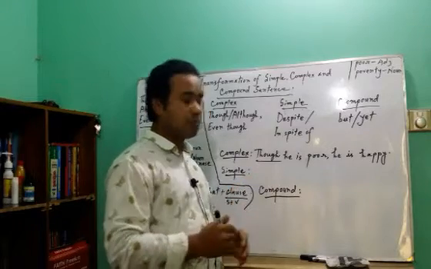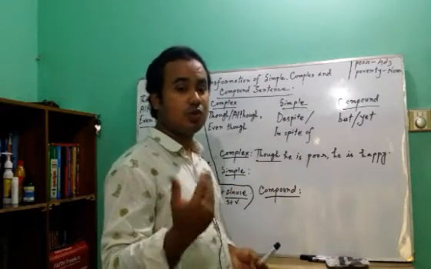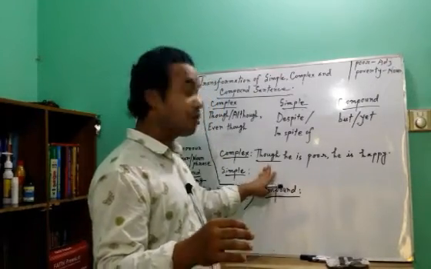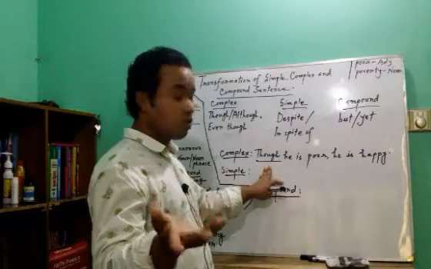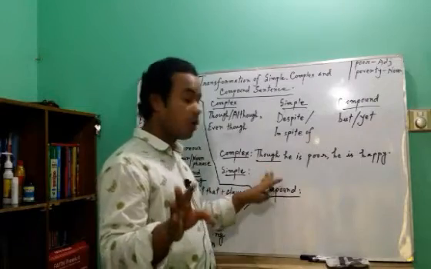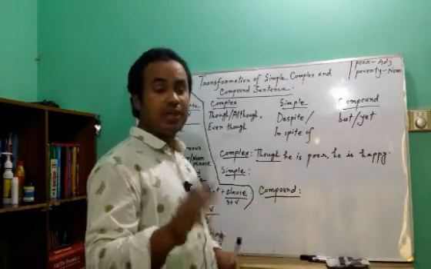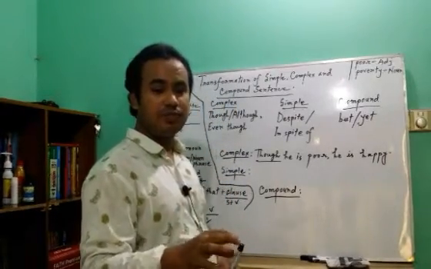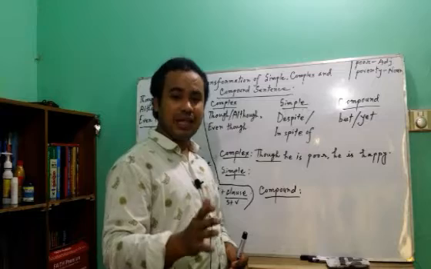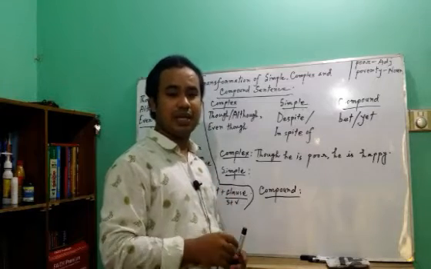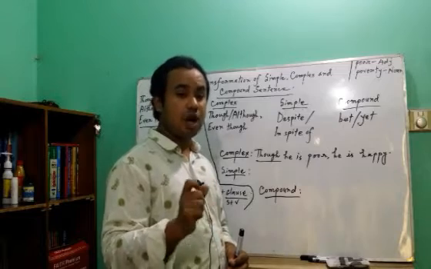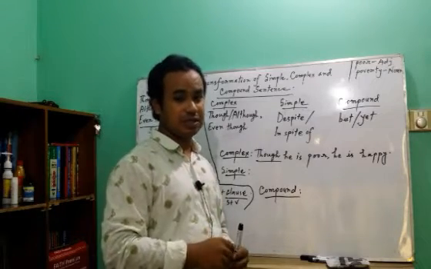And do remember the most common subordinating conjunctions are though, although, even though, even if, that, so that, in order that, before, after, till, until, lest, providing that, provided that, as if, as though. These are the most commonly used subordinating conjunctions.